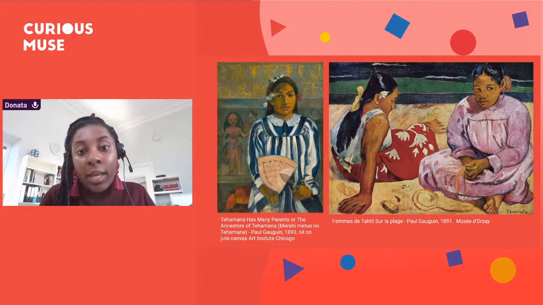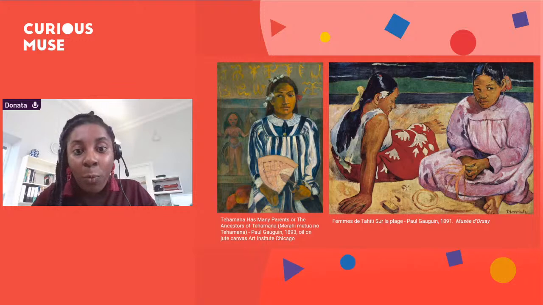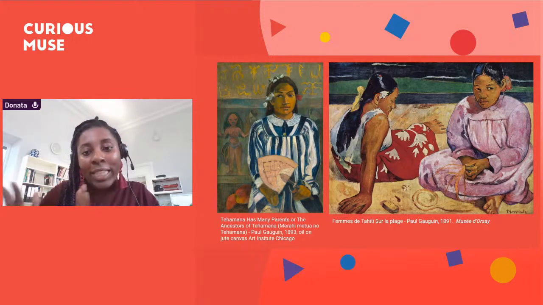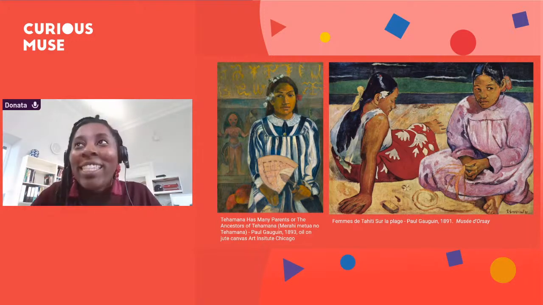So it shows that he's not just taking a portrait in this austere way, but instead looking at the woman with a lens of desire.